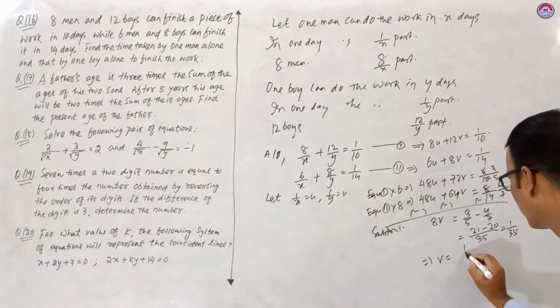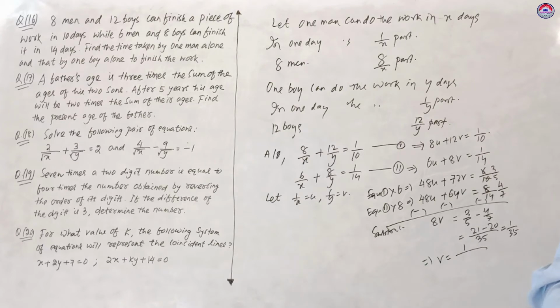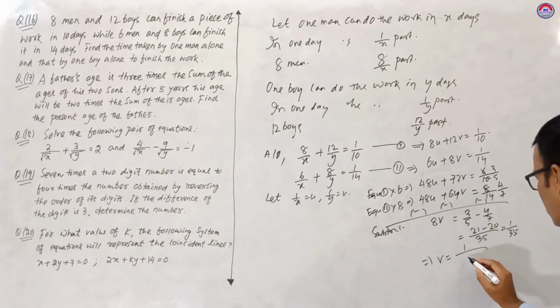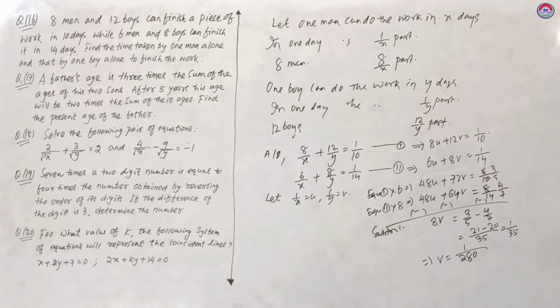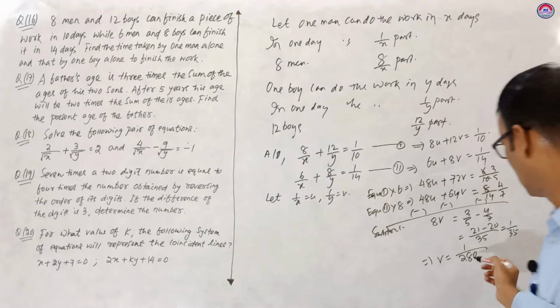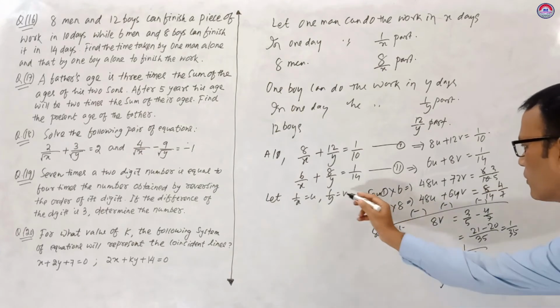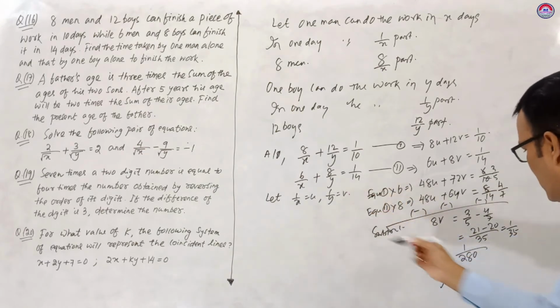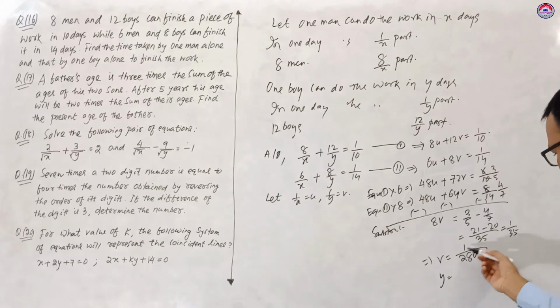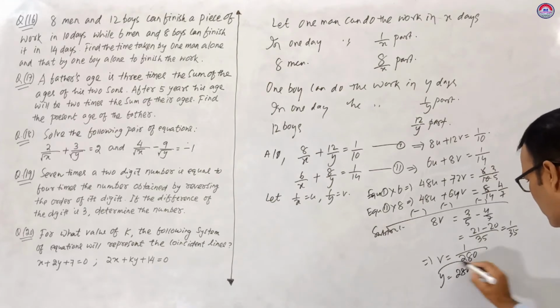So V equals 1 by 35 into 8, that is 280. So V equals 1 by 280. Now what will Y be? We can write Y equal to 1 by V, since V equals 1 by Y. So Y equals 280.